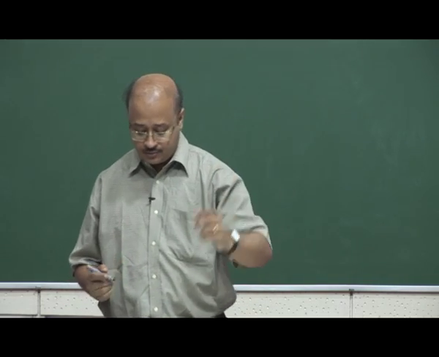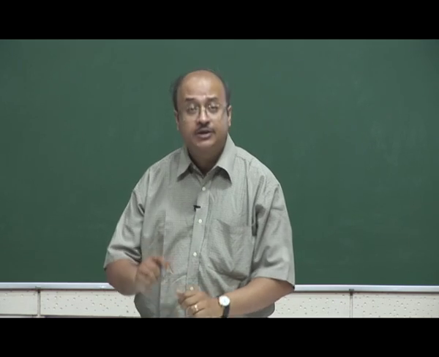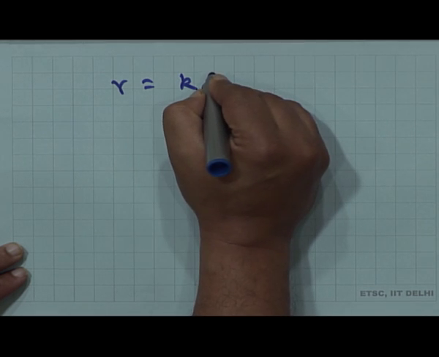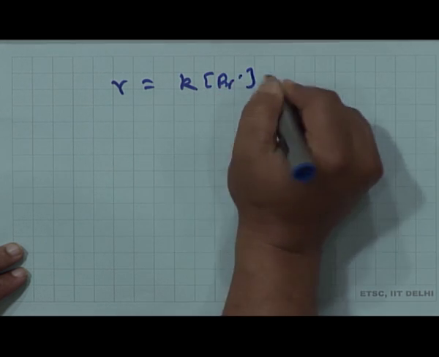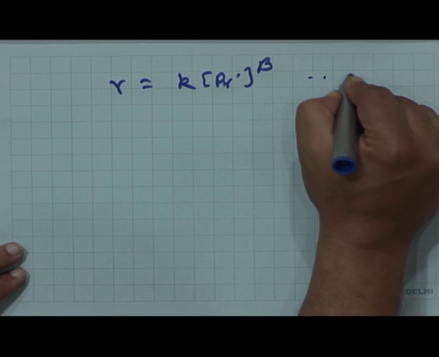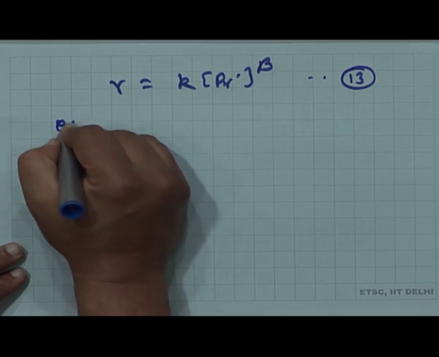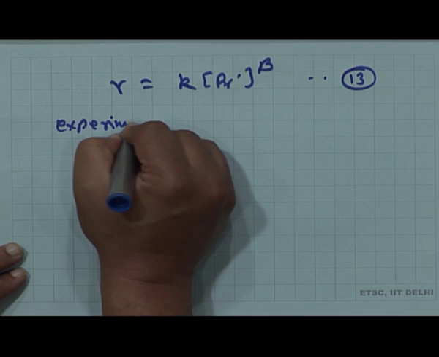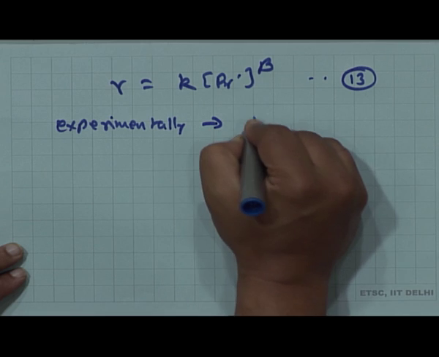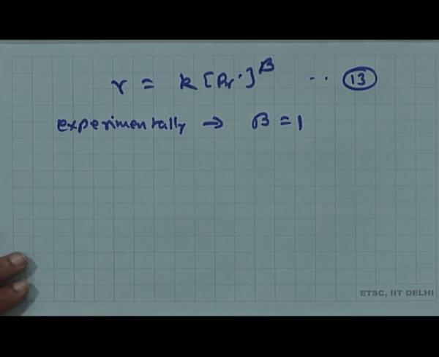experimentally now let us move forward and say that, okay, since R is equal to K times Br minus per beta. So, this was 13. Now, experimentally when you do the experiment, say that we observe beta is equal to 1, right.